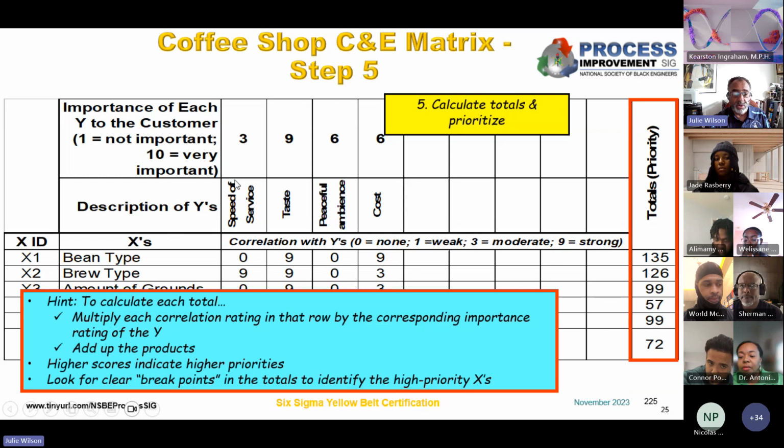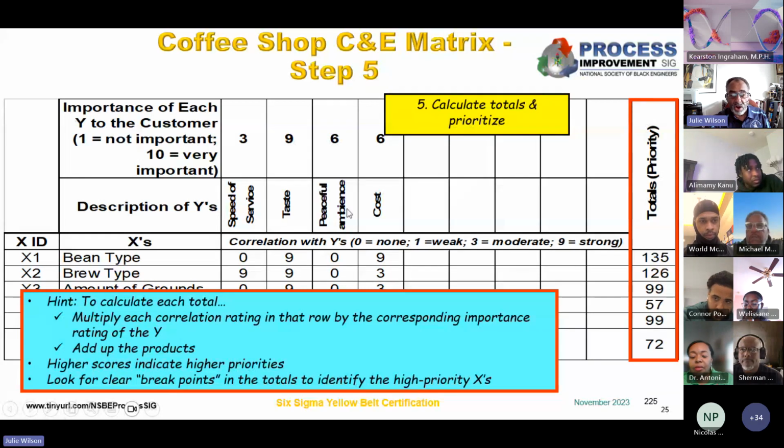Think about buying a car or buying a house or some decision that you would make that involves several things that are important to you, and go through this exercise with your family or your friends, and say what's more important, and then look at the different options and do this assessment and calculation and see what it comes out to be for the top option, just to get familiar with the tool. So it's very practical, and it can help with a number of things besides just working on Six Sigma projects.